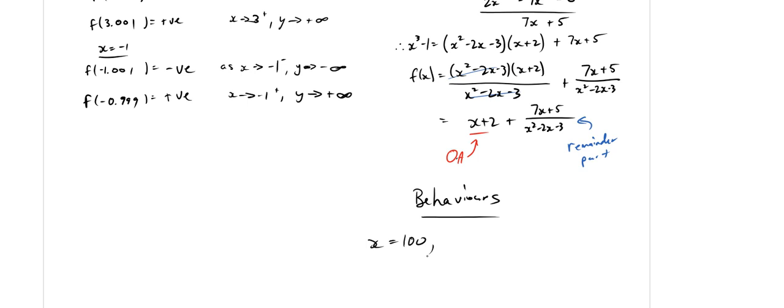We've already factored it from before. That might be easy, because this is going to be 700 plus 5. That's obviously positive. The bottom is also going to be positive. So our remainder is going to be greater than 0 or positive. Therefore, it's above.